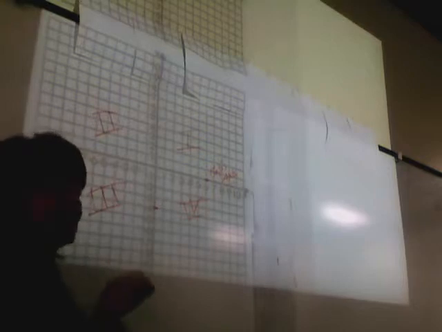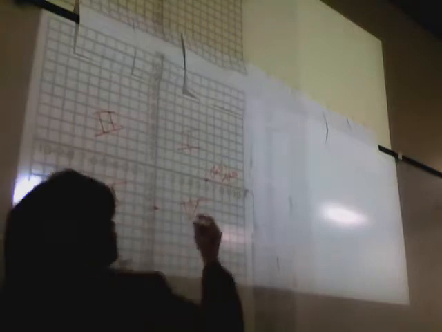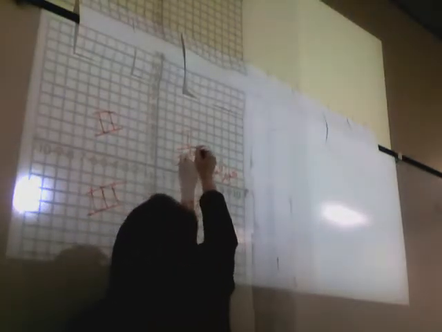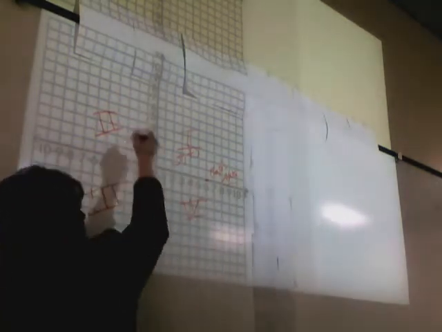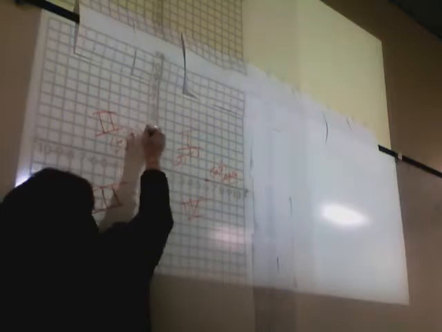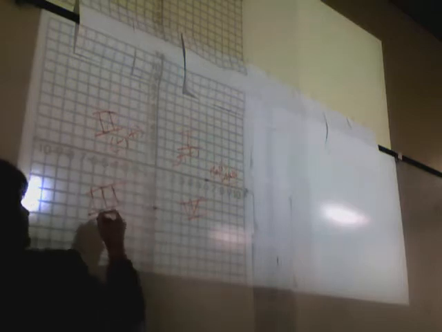Any questions about this stuff? No? Okay. You could put this in your notes: if they're both positive, it'll be in the first quadrant. Negative, positive, it'll be in the second quadrant. Here will be negative, negative.